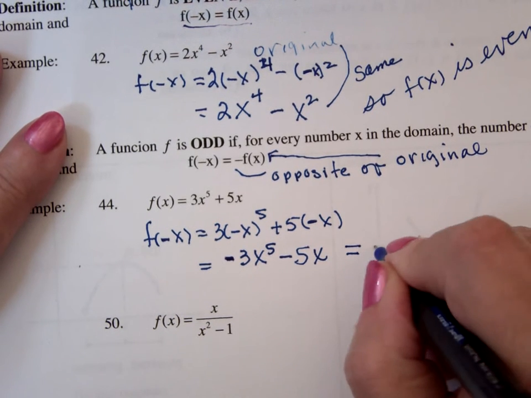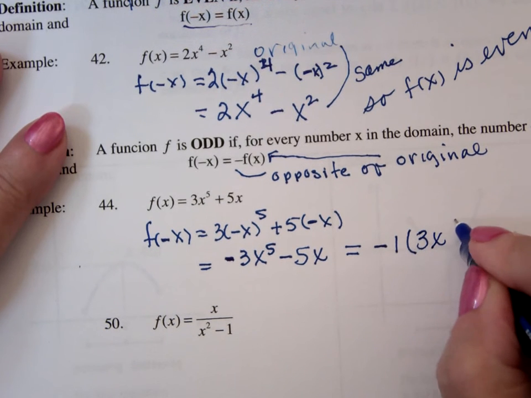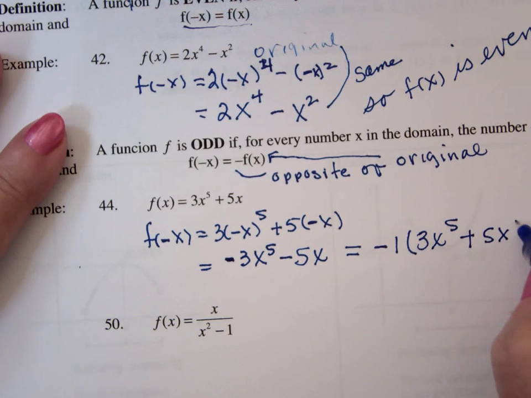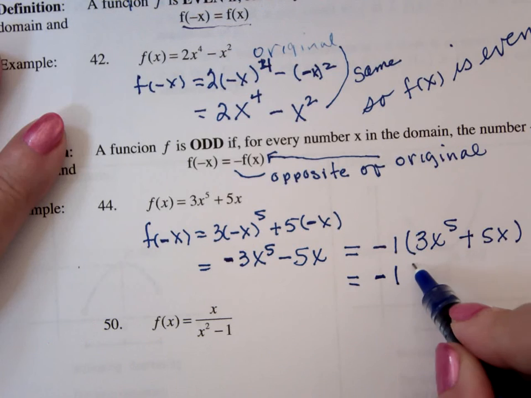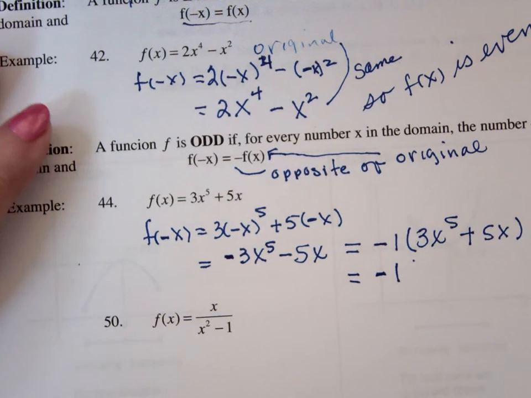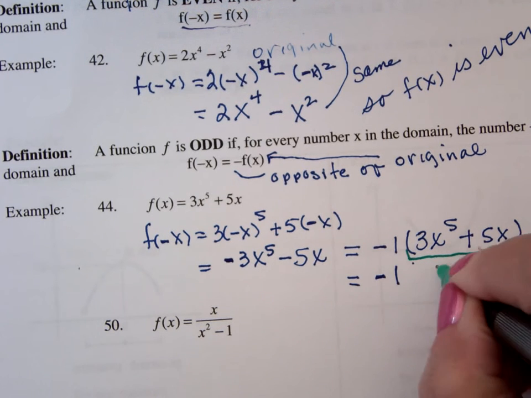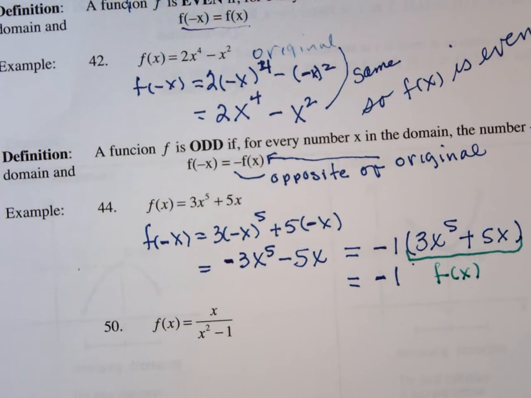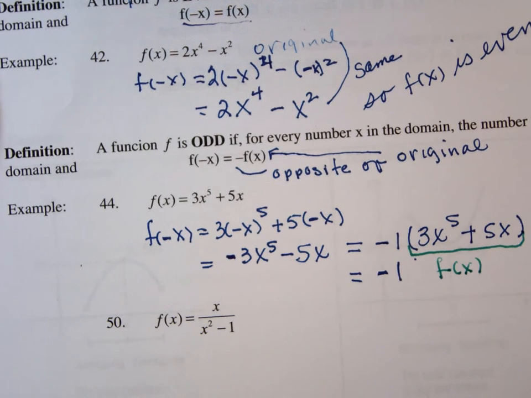This turns into, it has a greatest common factor of negative 1, 3x to the fifth plus 5x. And if you look at it, it is minus 1 times the original function. So this is an example of an odd function.